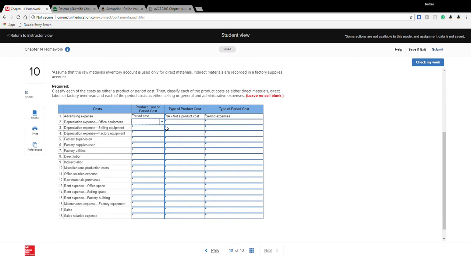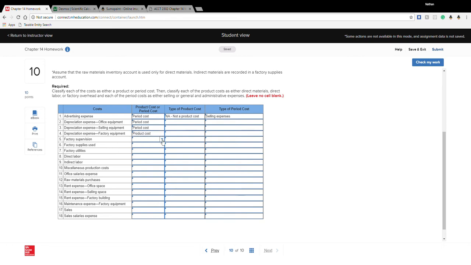So depreciation expense, office, that's a period. Selling, again, that's a period. Factory, there's the keyword factory. Anything that's dealing with the factory has to deal with the production of the item, no matter what the item is.